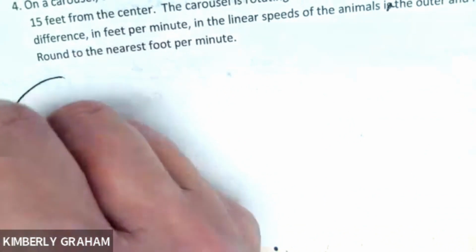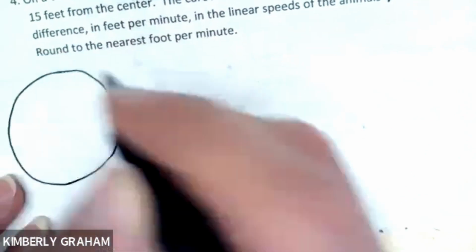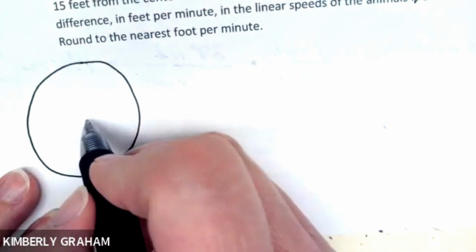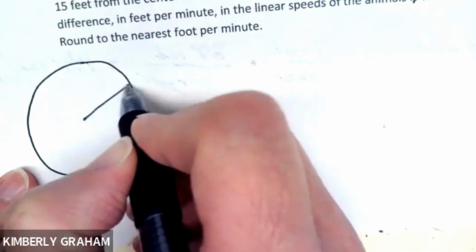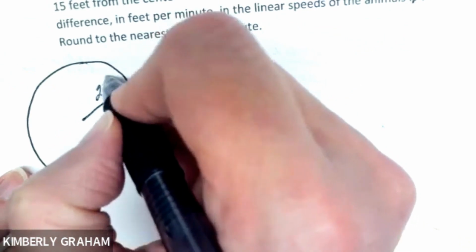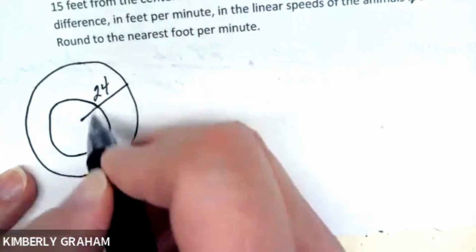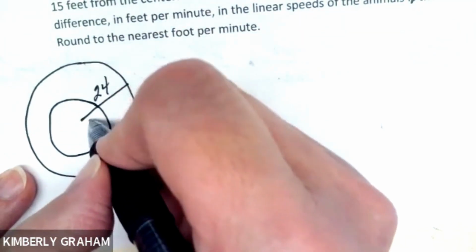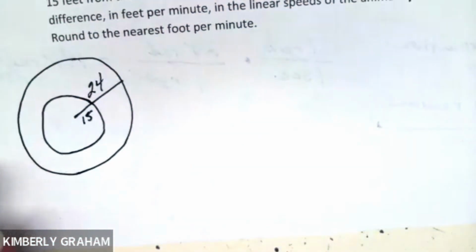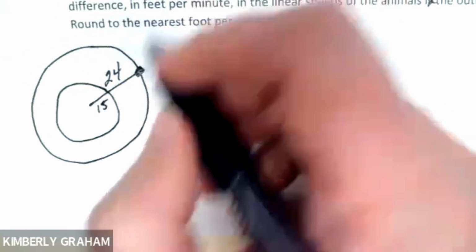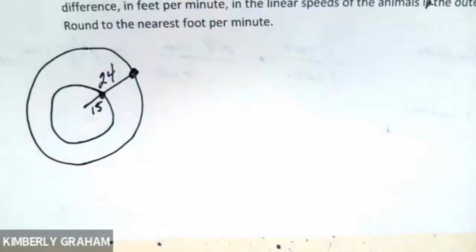So I've got my outer row of animals here. And this radius is 24. And then I've got my inner row of animals here. And this radius is 15. So I need to figure out the speed of the animal here on the outer row and the speed of the animal here on the inner row and subtract them to figure out their difference.